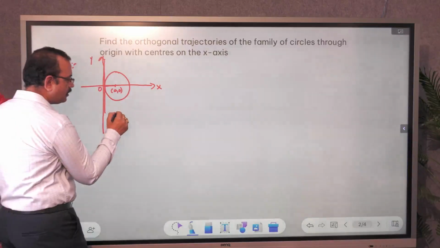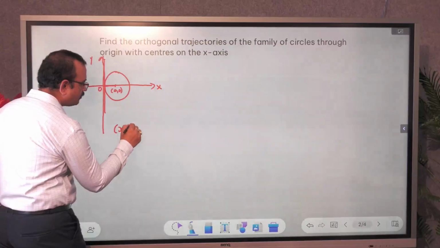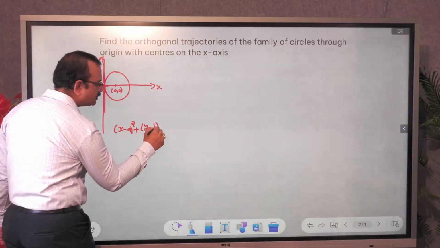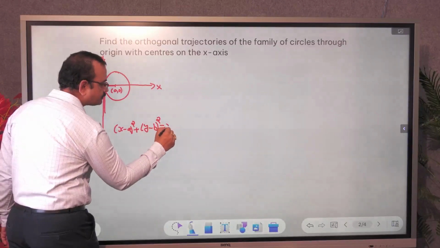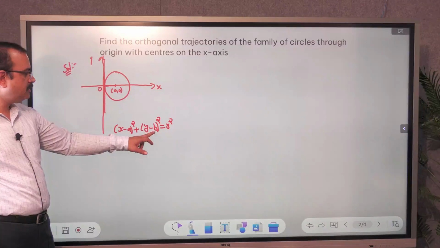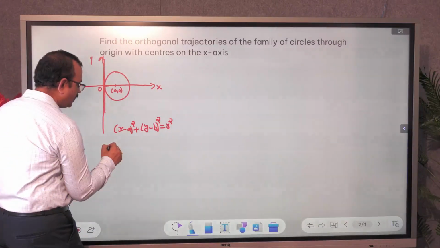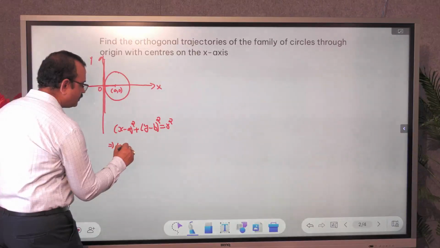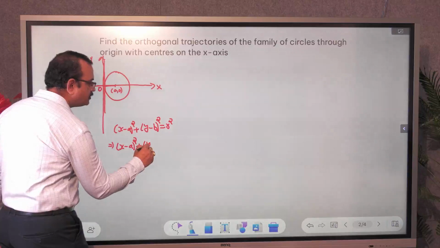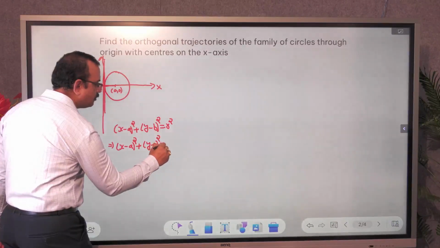So what is the general equation of a circle actually? (x minus a) whole square plus (y minus b) whole square is equal to r square. This is the general equation of a circle where (a, b) is the center and r is the radius. Now if we simplify, then (x minus a) whole square, and in place of b we have 0. So (y minus 0) whole square is y square.